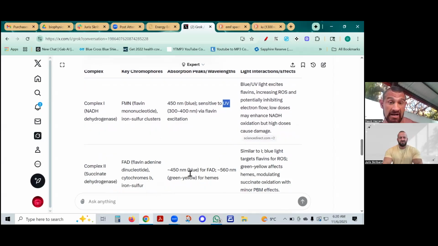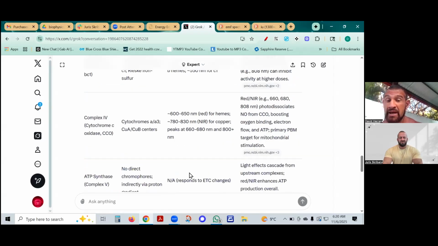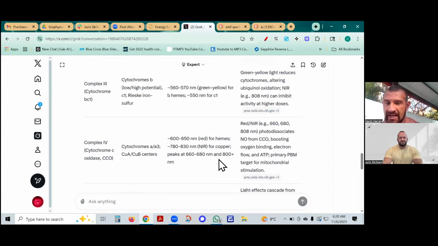If you're getting a lot of blue light, but no UV and no infrared, well, then I would expect a lot of reactive oxygen species. And because you're not getting very much infrared, I would expect very little water production, or not optimized water production, I should say, at cytochrome 4, which would mean that you can't quench reactive oxygen species very easily.